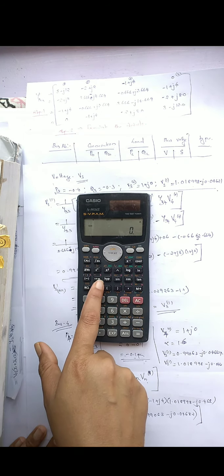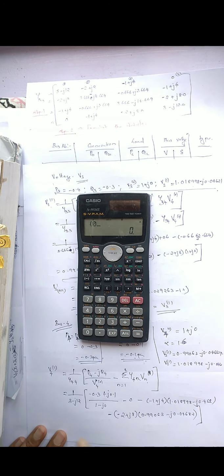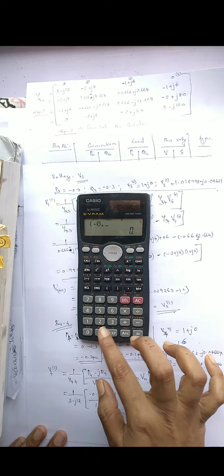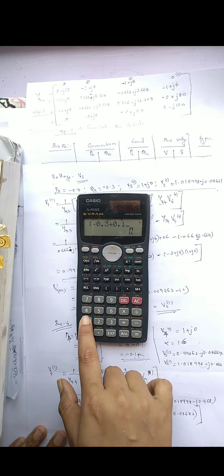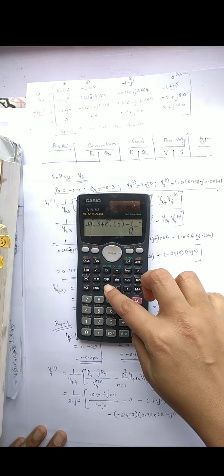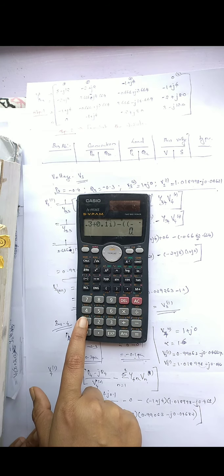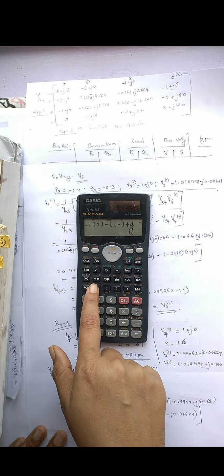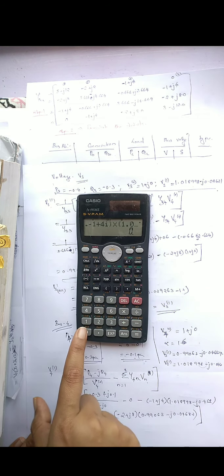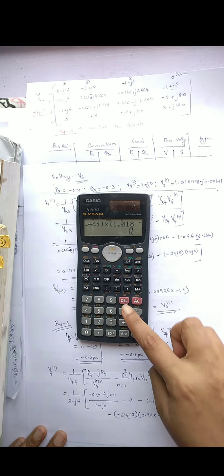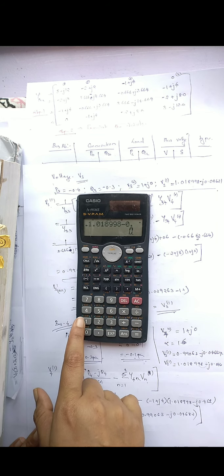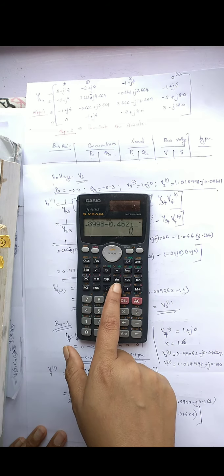I am just using minus 0.3 plus 0.1 i, minus, using double bracket, minus 1 plus 4i into 1.01898 minus 0.462i.